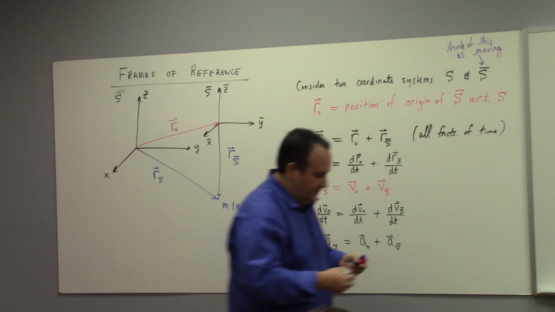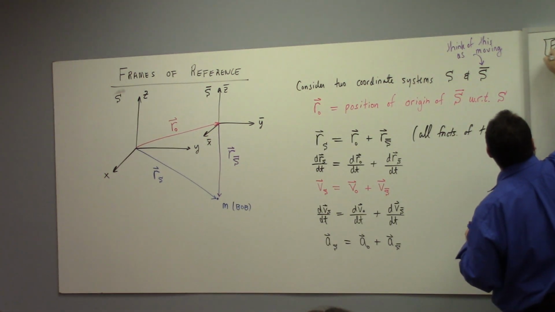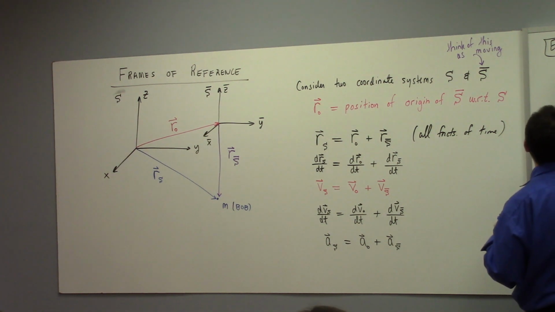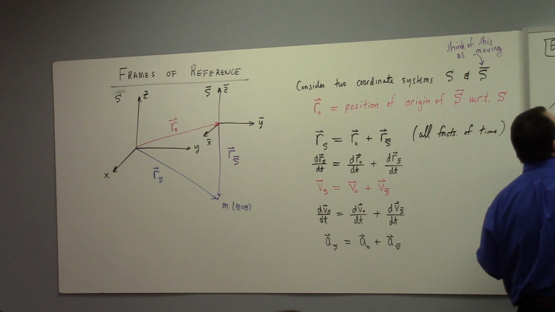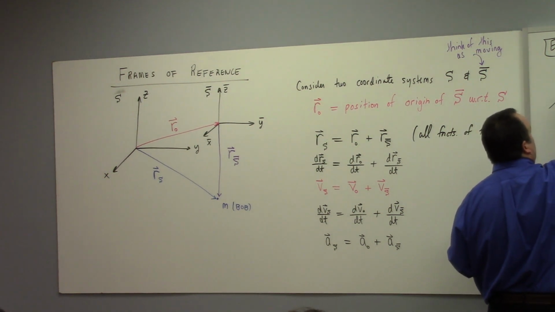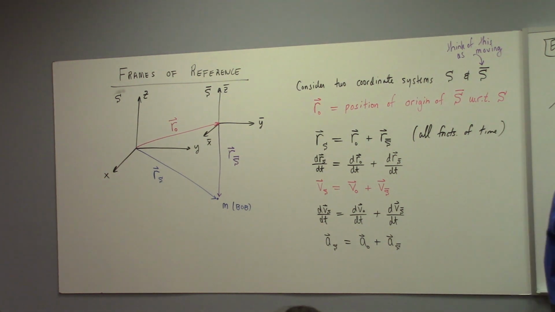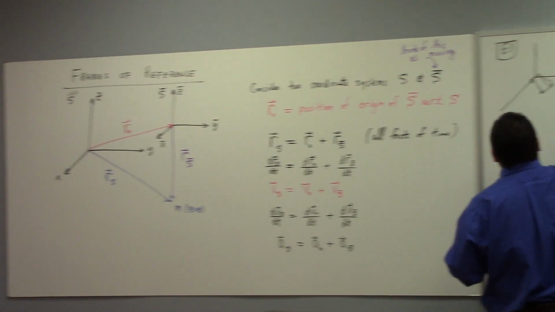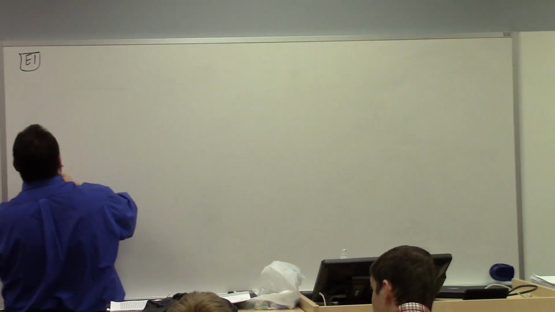Okay, so it's a simple example. Not entirely simple, but let's make it a little bit simple. What I'm going to do is take a train. I'm not sure I can draw this picture. I'm trying.